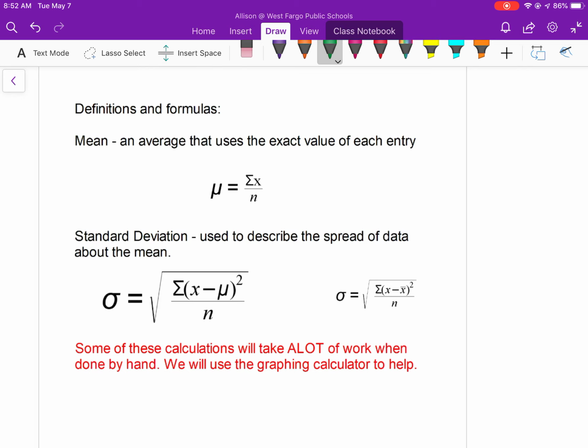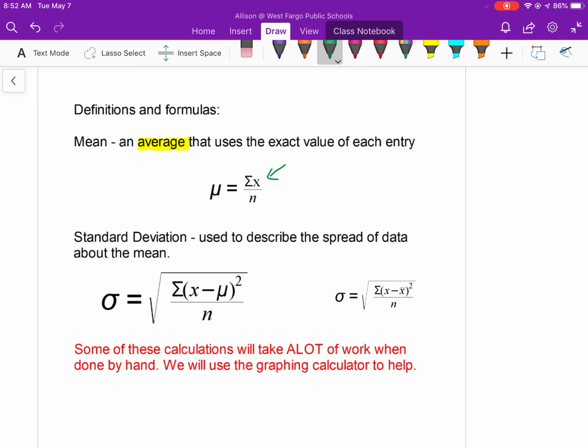So the mean is the average, an average that uses the exact value of each entry. So we can say that the average is, this sigma notation, sigma of X, that means the sum of all data points.